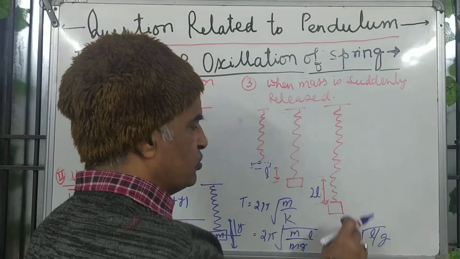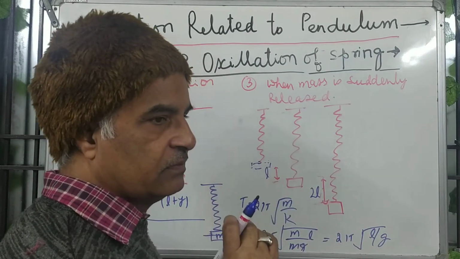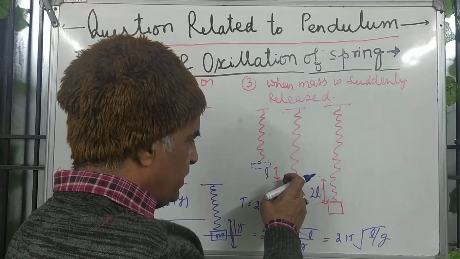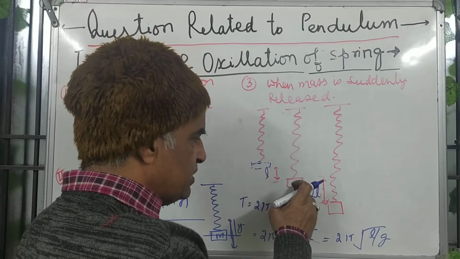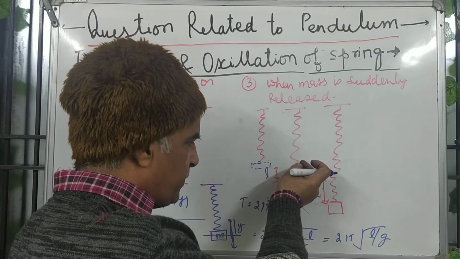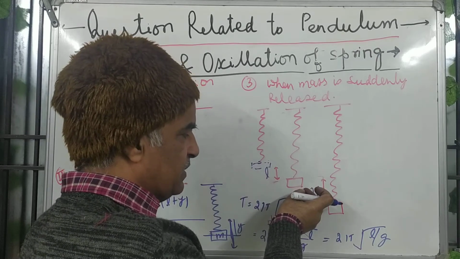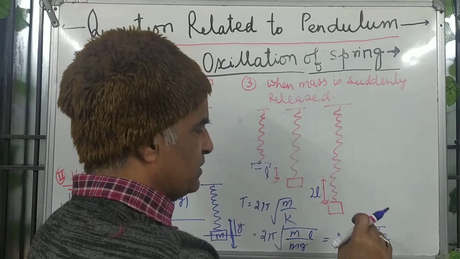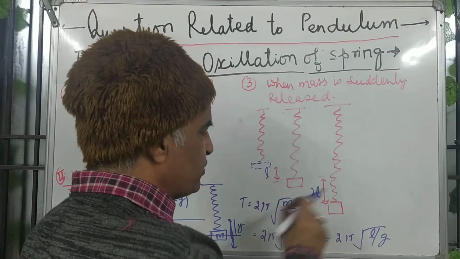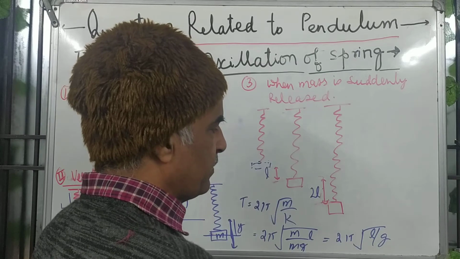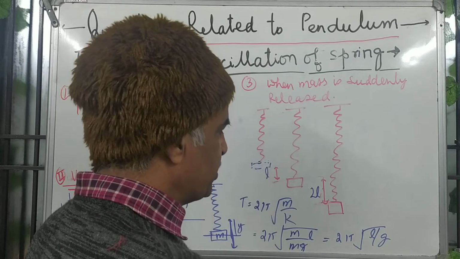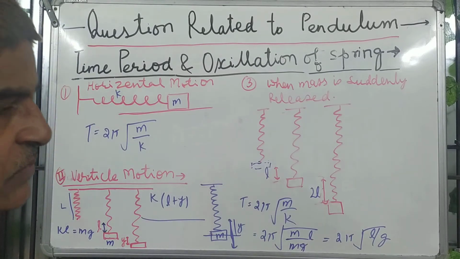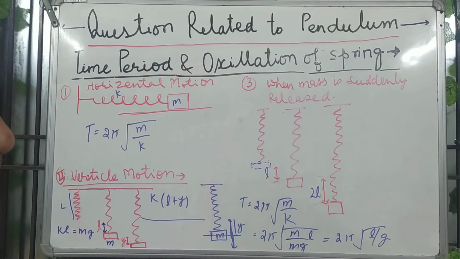It will oscillate. In this way, it is in equilibrium state, motion is zero. It is coming at this position. In this mg equals kL, but if it suddenly falls, now displacement is 2L. Extension is 2L. So please keep in mind.